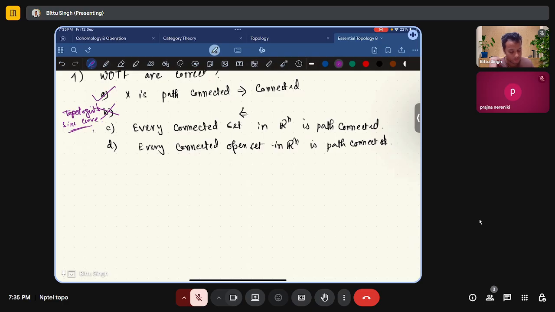So again, the same example. This is a connected subset of R2, but it is not path connected, right? So C is also false by the same example. For BC, the same counterexample will work. What about D? Every connected open set in Rn is path connected.